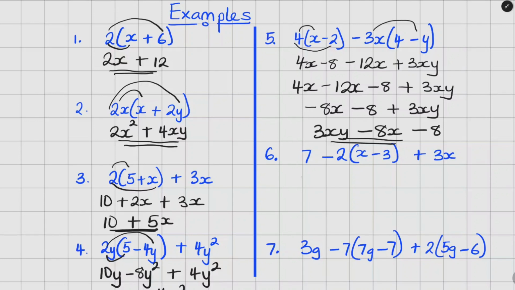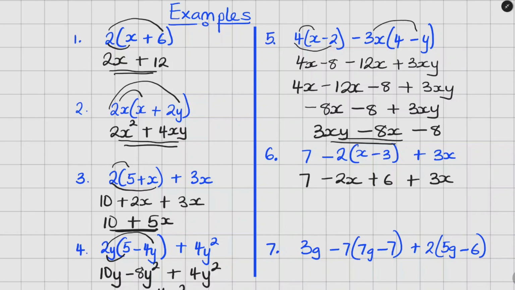So we have 7, minus 2 times x, we have minus 2x, minus 2 times minus 3, that is plus 6, plus 3x. It's easy to forget the last term that is hanging. Please don't. Make sure you look through your work. When you have opened the bracket, confirm that you have not left any original term out.